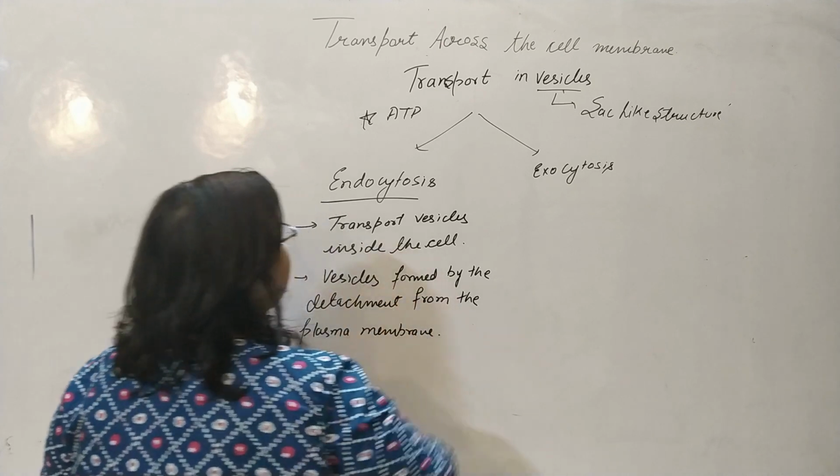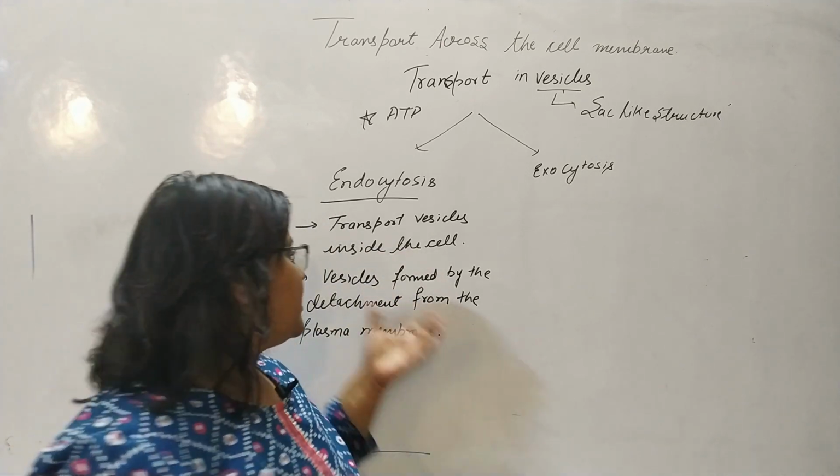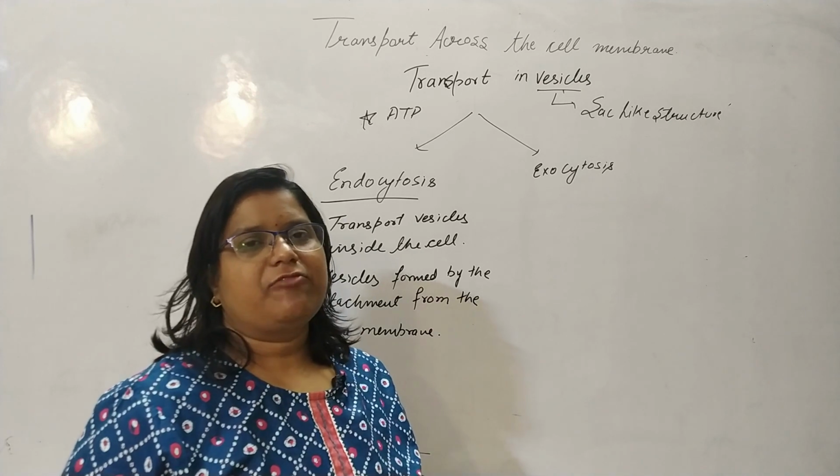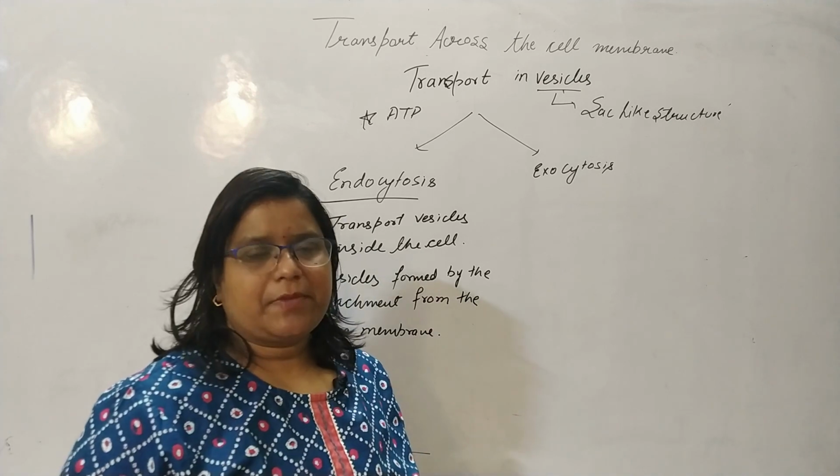Okay, so here in the endocytosis process, the material is transported in the vesicle, and these vesicles are formed by the detachment of the plasma membrane.